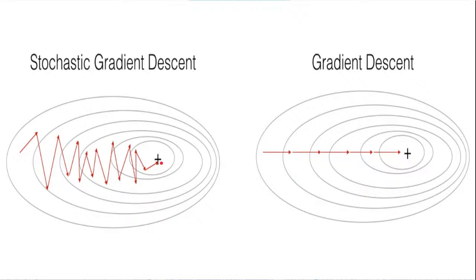Of course, there will be a greater number of iterations compared to the typical one, but even so, stochastic gradient descent is better than the typical gradient descent. I hope it's clear so far.